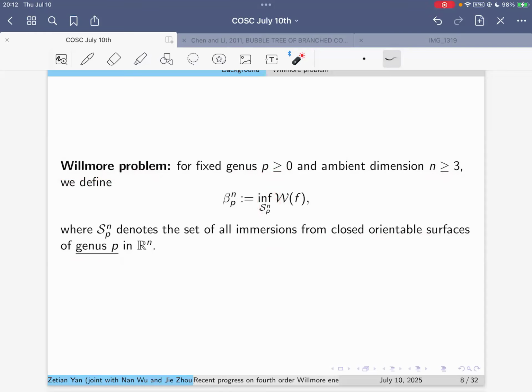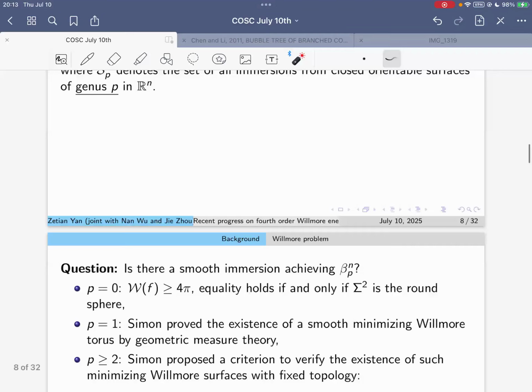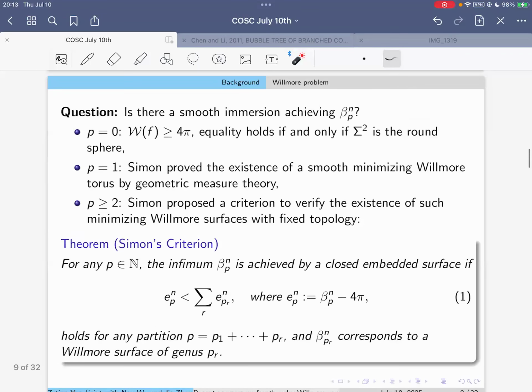So the question is, can we find a smooth immersion realizing this infimum? The solution of this problem can be divided into several cases. For example, when p is 0, topologically it's a sphere. So we can find a uniform lower bound for this Willmore energy, which is 4 pi. And equality holds if and only if it's a round sphere.